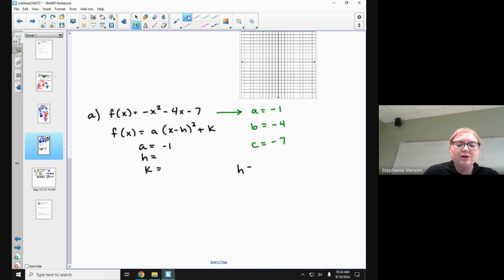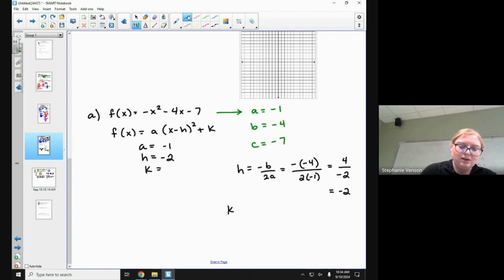Now h is found by calculating negative b over 2a. So that's -(-4) over 2 times -1, so that's +4 over -2, which is -2. So my h is -2.